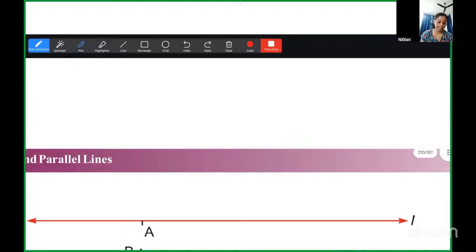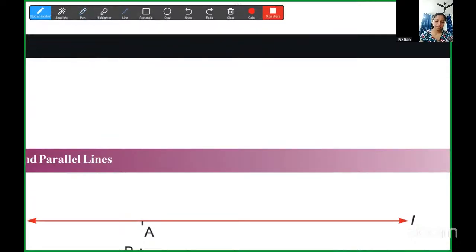Suppose this is your line. We use the set square like this. Put it on point A. The set square has an angle of 90 degrees. Hope you know that.